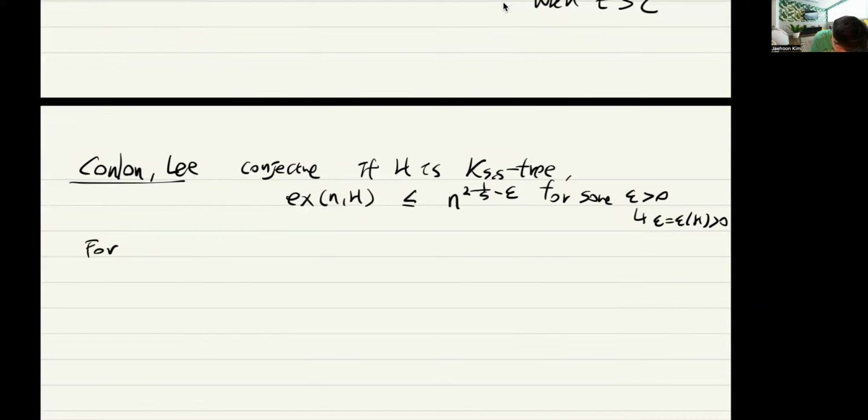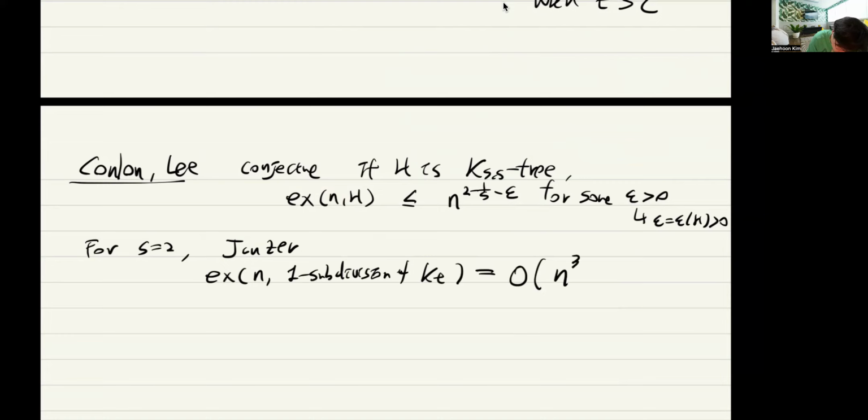For s equal to 2, Conlon and Lee proved that the extremal number of the one subdivision of K_t is big O of n to the 3 over 2 minus 1 over 4t minus 6.